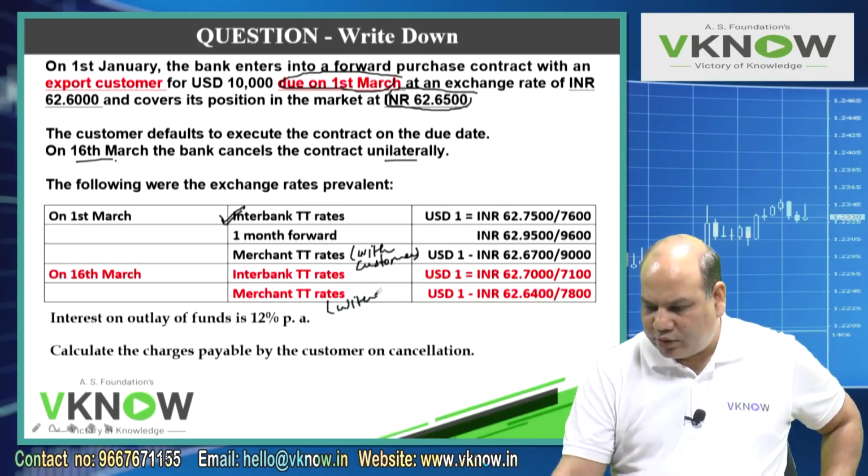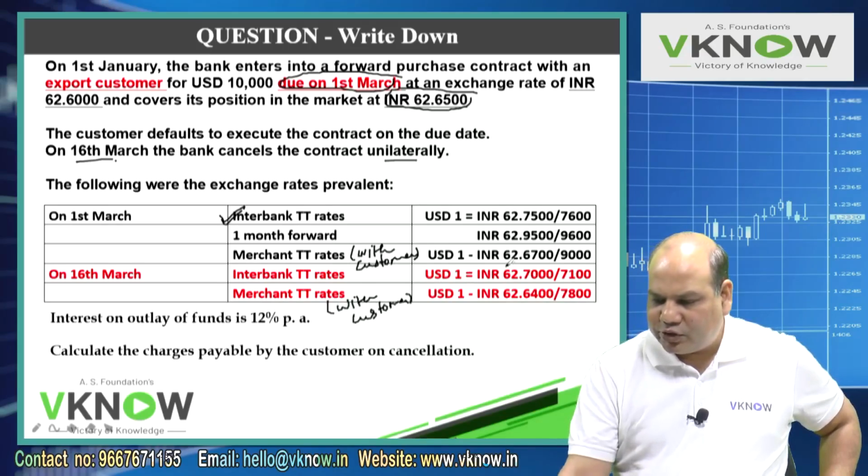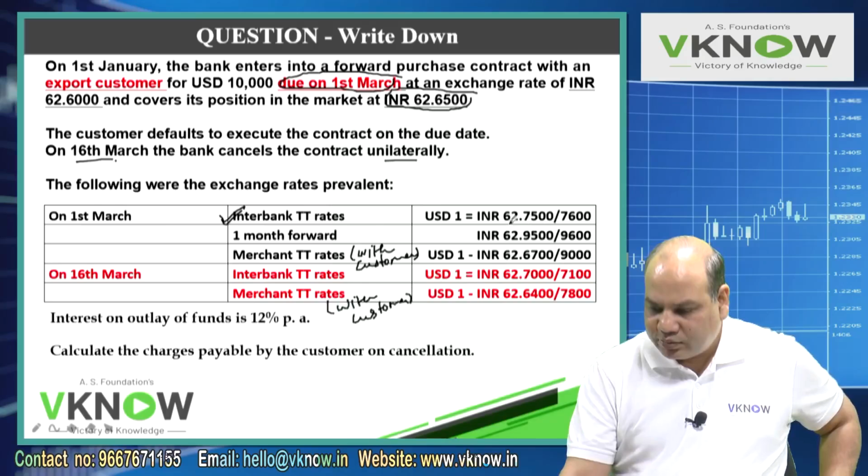So what they have done in this question, if you see carefully, is adjust the margin. For example, the interbank buying rate minus some margin gives the merchant TT rate, which is lower. So the buying rate applicable to the customer is lower than the interbank buying rate, and the selling rate applicable to the customer is more than the interbank selling rate. Can you see that? Wonderfully drafted.